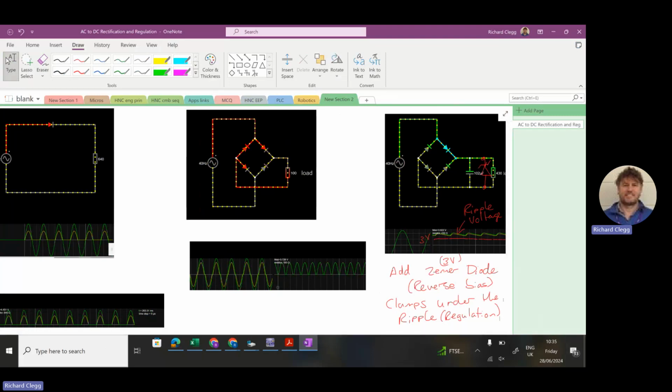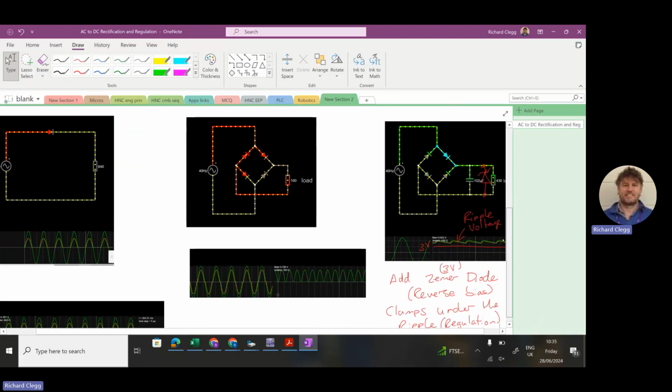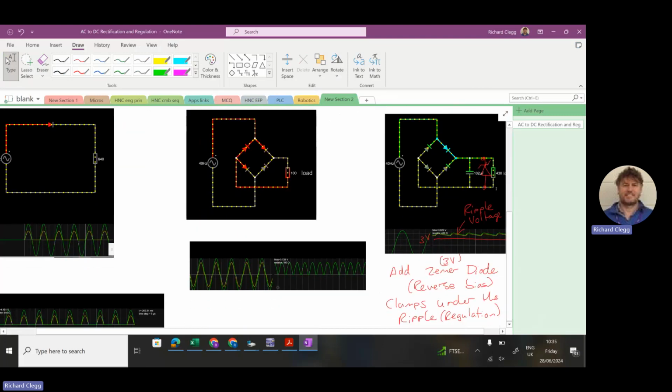Okay, so that is the last stage of rectification and regulation, and you should get a pretty much smooth, straight DC waveform at the desired 12 volts or 5 volts. You choose your Zener diode for that clamping underneath it.